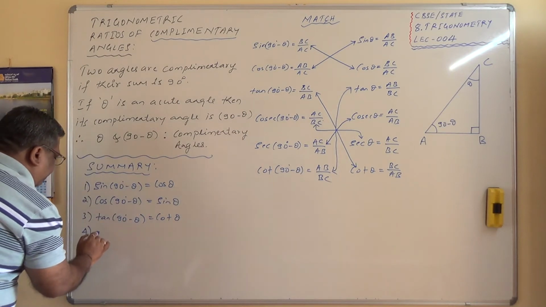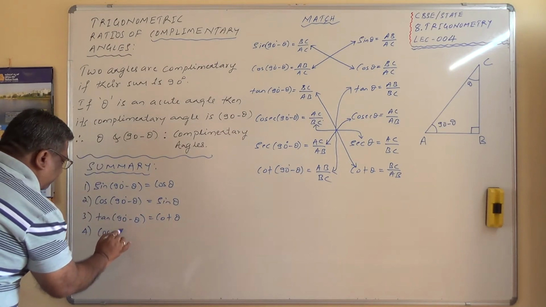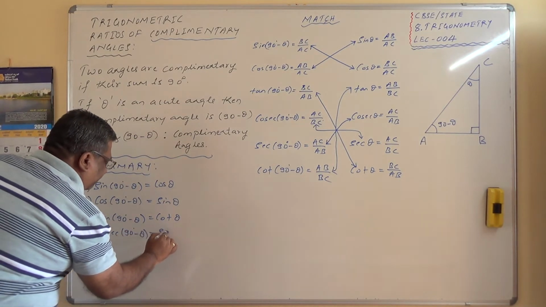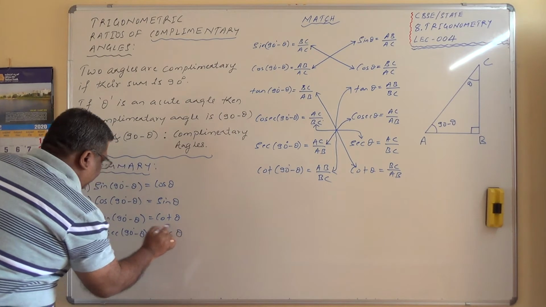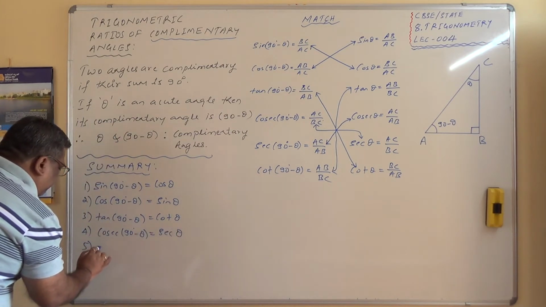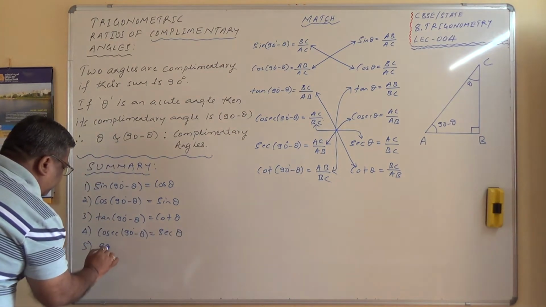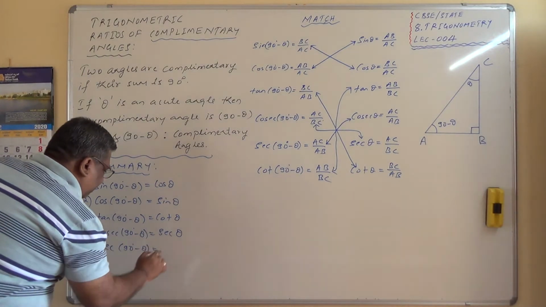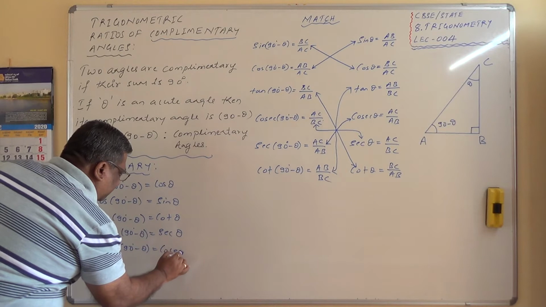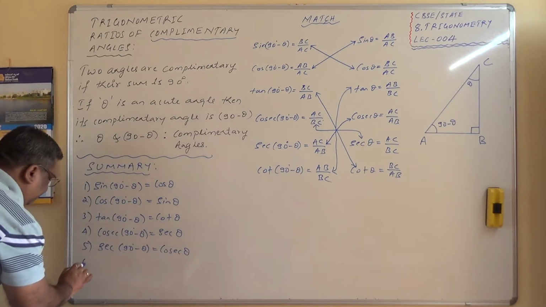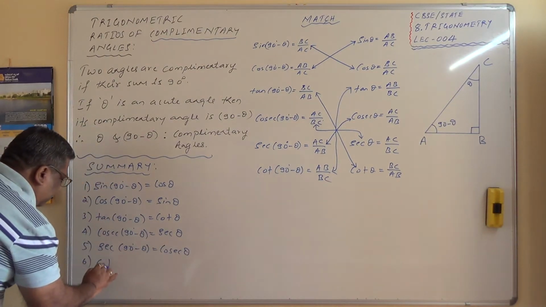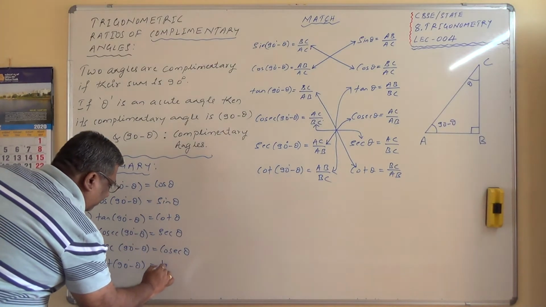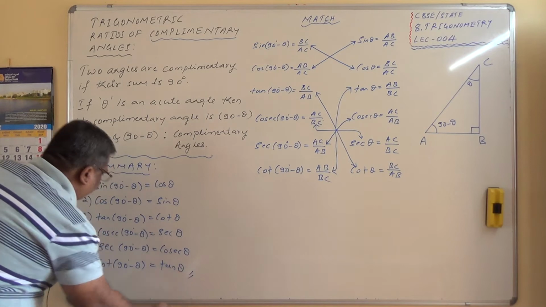Fourth one, cosec 90 minus theta equals sec theta. And fifth one, secant 90 minus theta equals cosecant theta. And finally, cot 90 minus theta equals tan theta.